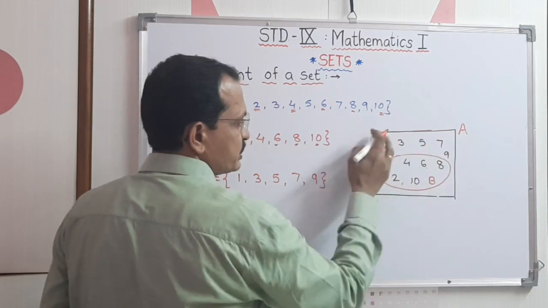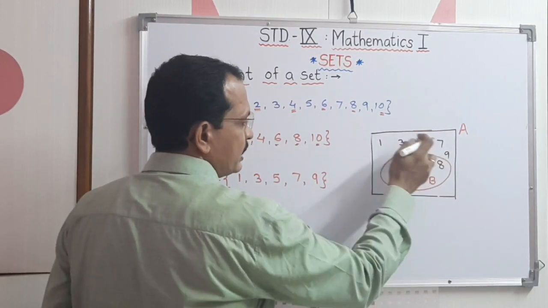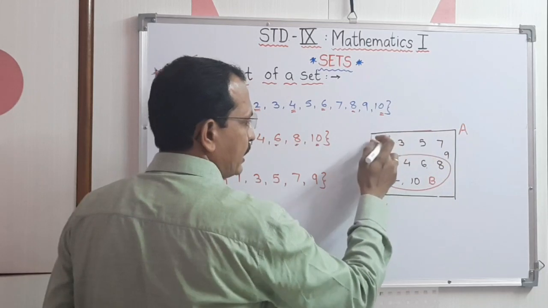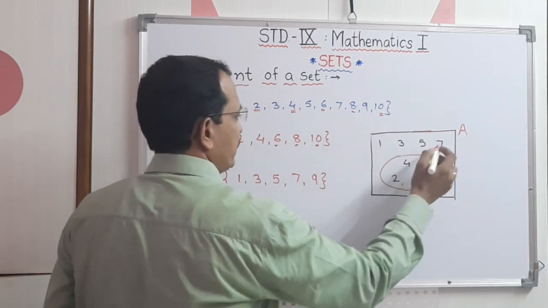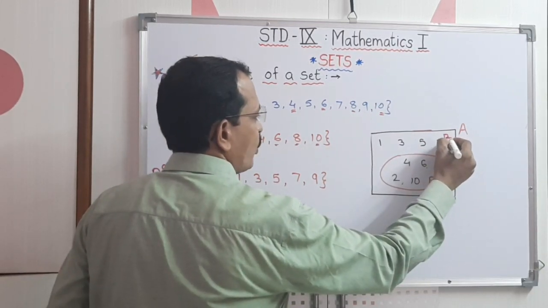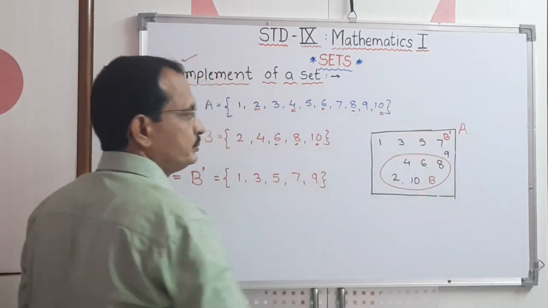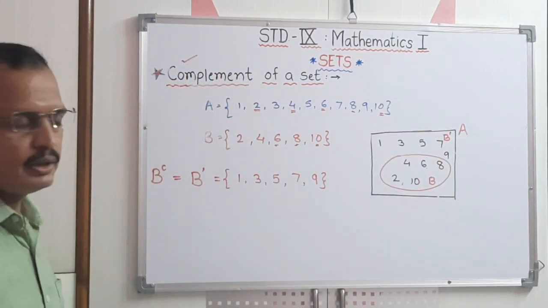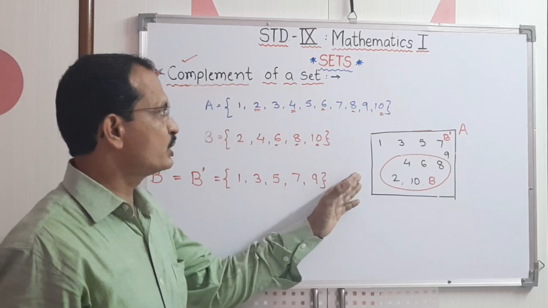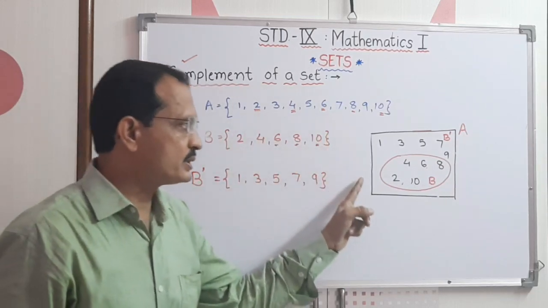B is a subset of this A, but these elements are remaining, and the set of these remaining elements is called the complement of this set. Got it? This is a representation of a complement of a set.